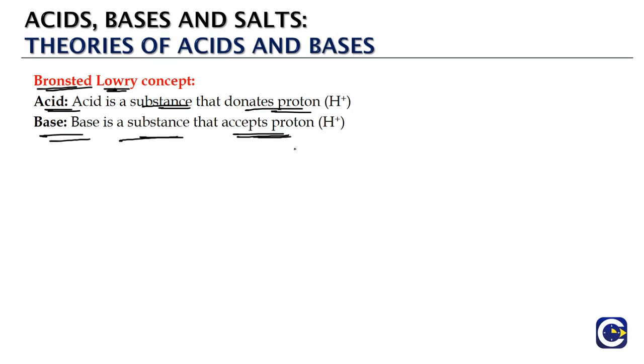So the proton donors are basically the acids, and proton acceptors are the bases. Here there is no dependency on dissolving the substance in water. So this is the Bronsted and Lowry concept of acids and bases.